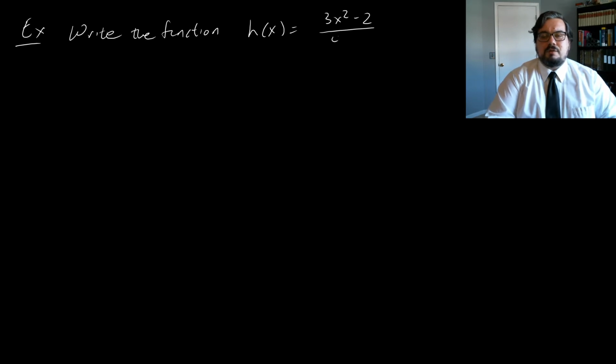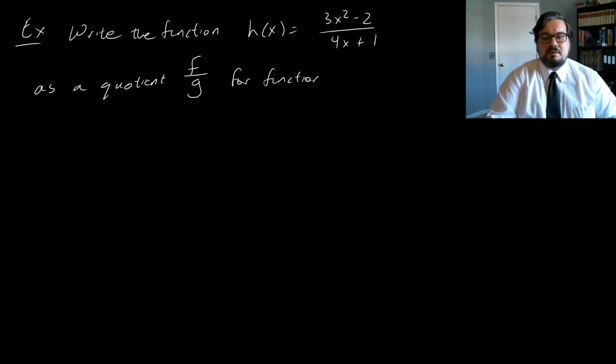So we could look at something like the following. Let's write the function h of x equals 3x squared minus 2 over 4x plus 1 as a quotient f over g for functions f and g.